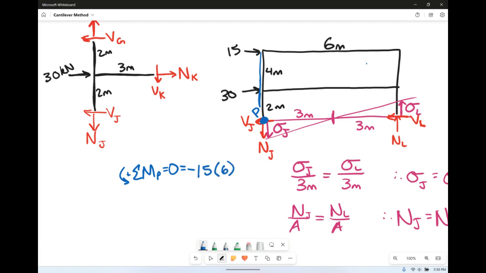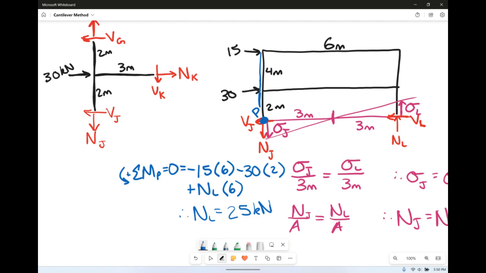Then we've got our 30, also going negative, so minus 30 times its distance of 2. Then we've got NL times a distance of 6. It's going positive, so plus NL times 6 meters. So we're going to find that the normal force at L is equal to 25 kilonewtons.